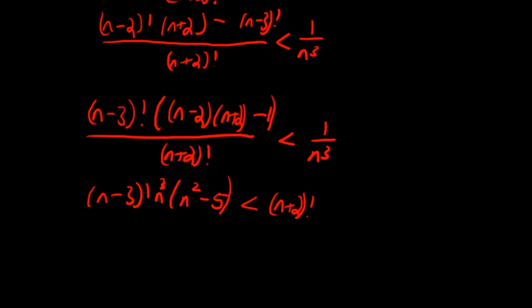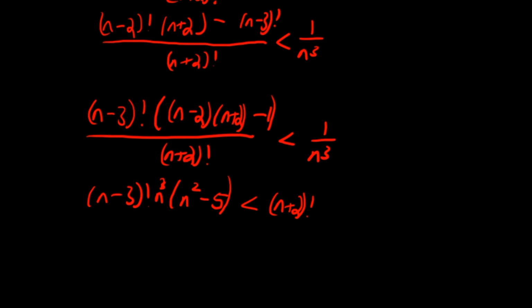So if we remember in the last inequality, or in fact in any part of the question, if we take the (n minus 3) factorial and put it into the (n plus 2) factorial, we can then cancel out the factorials and end up with a polynomial.